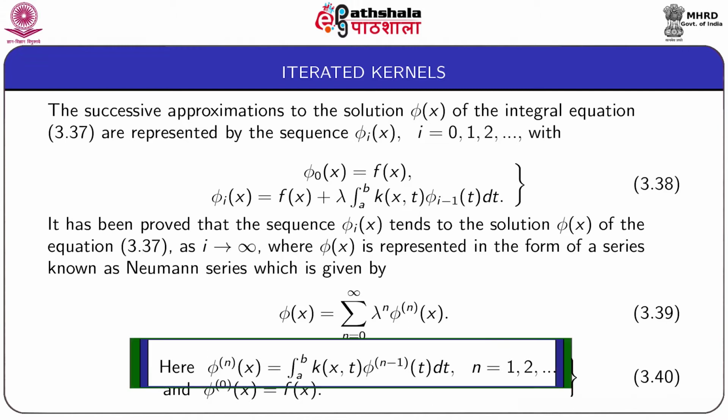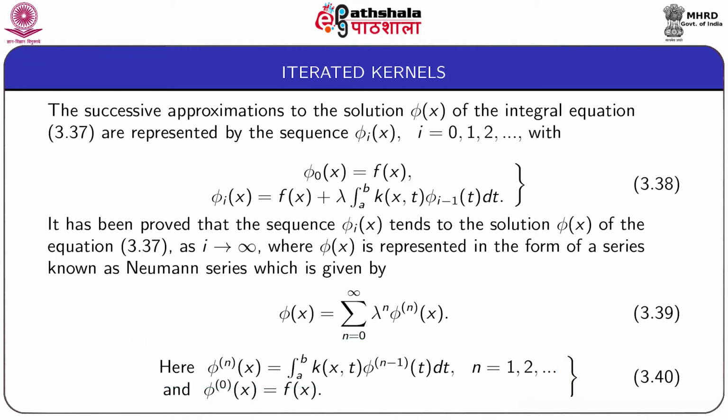Here phi superscript n (x) is given by the integral a to b K(x,t) phi superscript n minus 1 (t) dt, n varies from 1 to infinity, and phi superscript 0 (x) is equal to f(x), as given by equation 3.40.